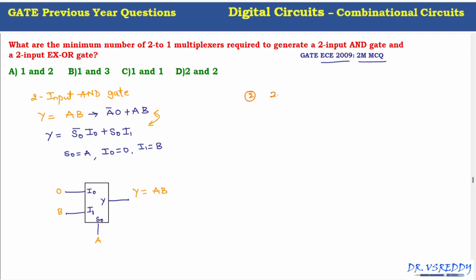Next, the second one, the 2 input XOR gate. For XOR gate, we can write Y is equal to A XOR B, meaning A bar B plus B bar A. Similarly, for the 2:1 mux we can write the output equation: Y is equal to S0 bar A plus S0 into B, where A and B are inputs.